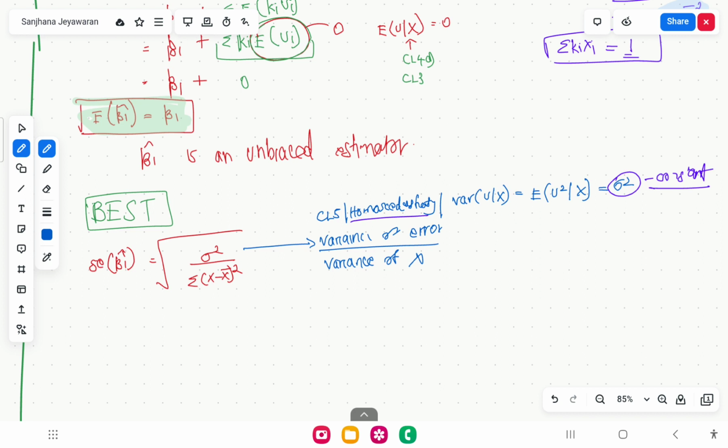But the thing is, though we have included the variance of error in the numerator, error is something which cannot be observed in reality. So instead of the error, we have to use the residual as a proxy.